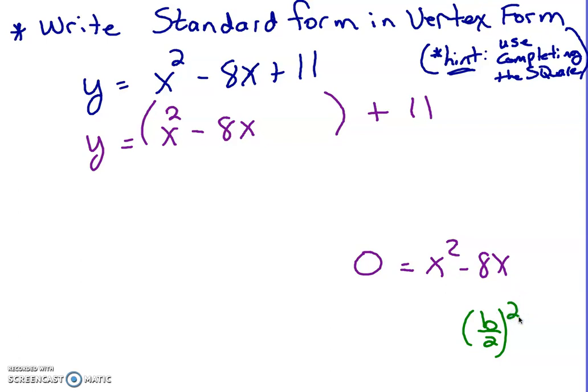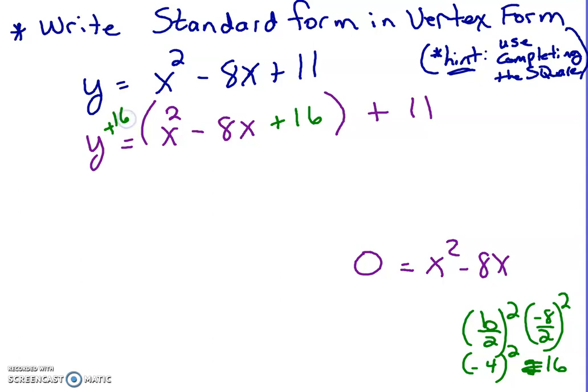And then b is negative 8, so half of it is negative 4, which squared is positive 16. So 16 is my magical number that I'm going to end up adding to both sides of the equation. So what I have now is y plus 16 over here.